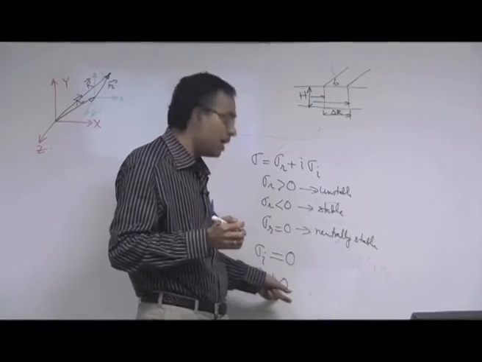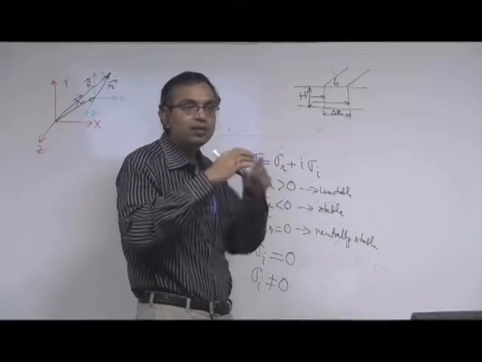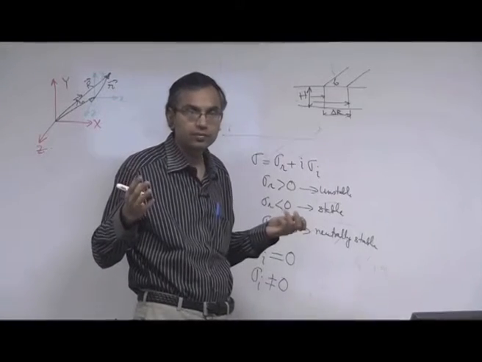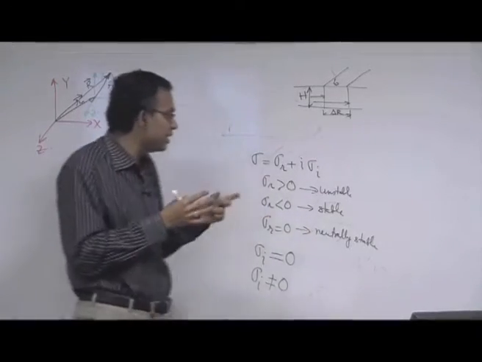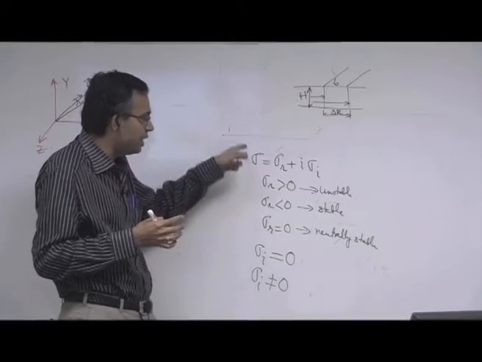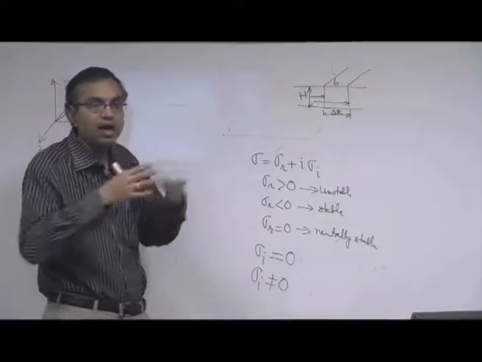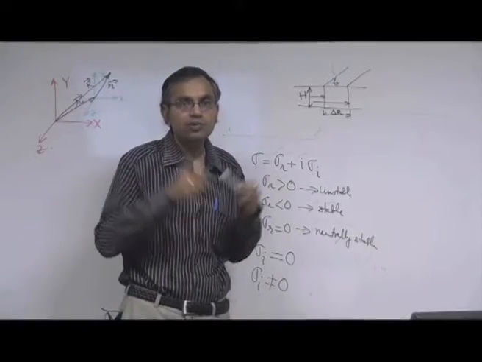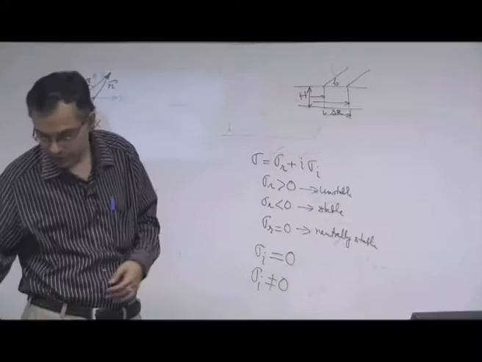But if sigma i is not equal to 0, you will see some oscillatory structure in the flow. So all these parameters, if studied, give us an indication of the instability of the system subjected to certain perturbations.